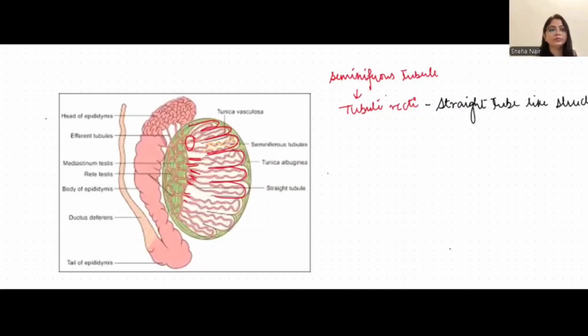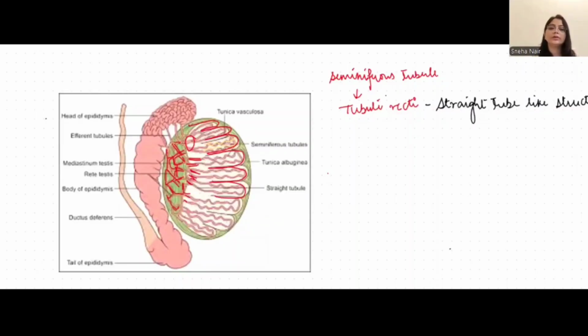Now from the tubuli recti, there arises another type of duct called the rete testis. Can you see the network of tubules over here? This network of tubules is known as the rete testis.